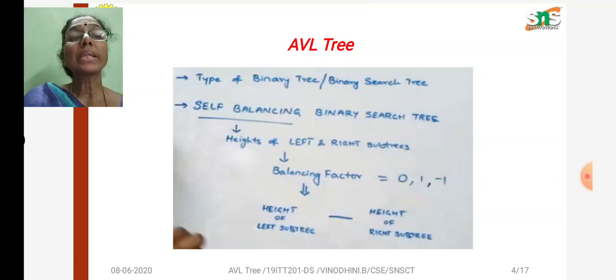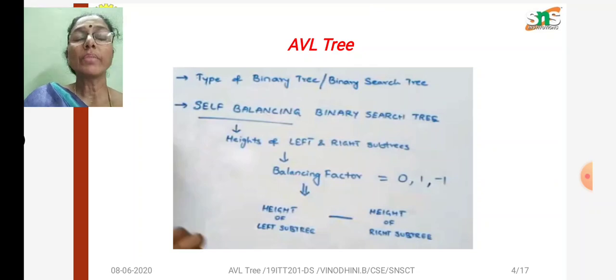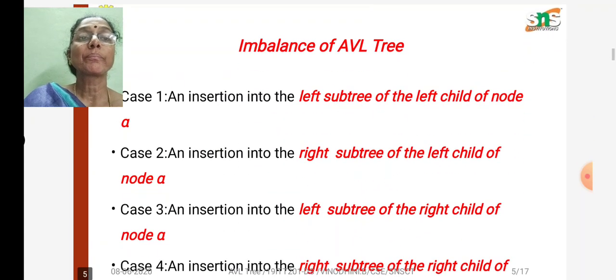The balance factor is equal to the height of the left subtree minus the height of the right subtree. The balance factor should be one of three values: 0, 1 and -1. That means the tree is balanced. This is the main property of an AVL tree.